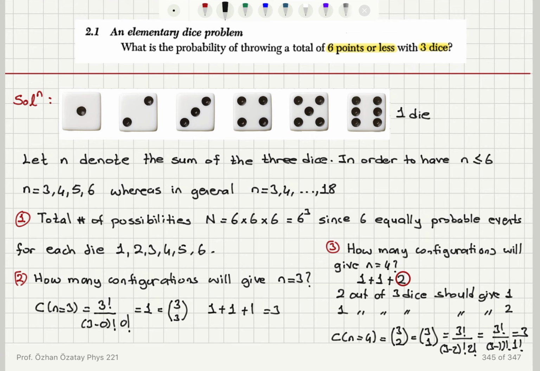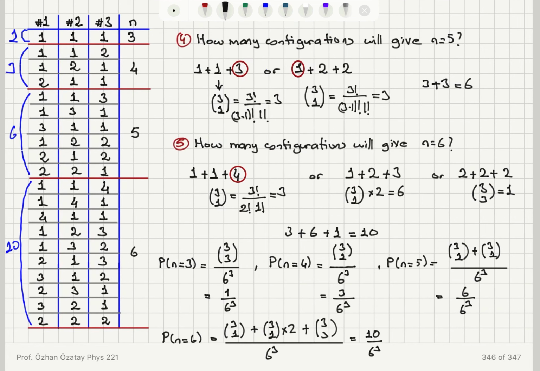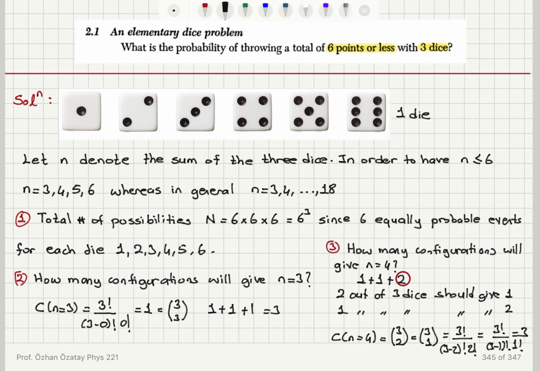Now we ask how many configurations give n equals 3. That is basically first die giving you 1, second die giving you 1, third die giving you 1. That gives you n equals 3. That is choosing 3 objects out of 3 objects to assign to them 1. So 3 choose 3 is just 1. How many configurations give n equals 4?